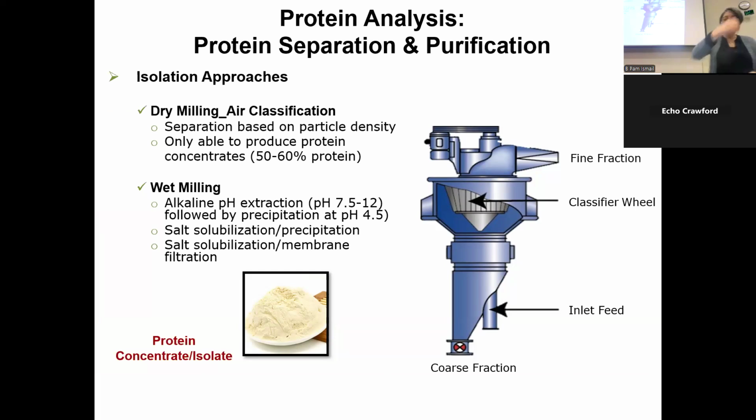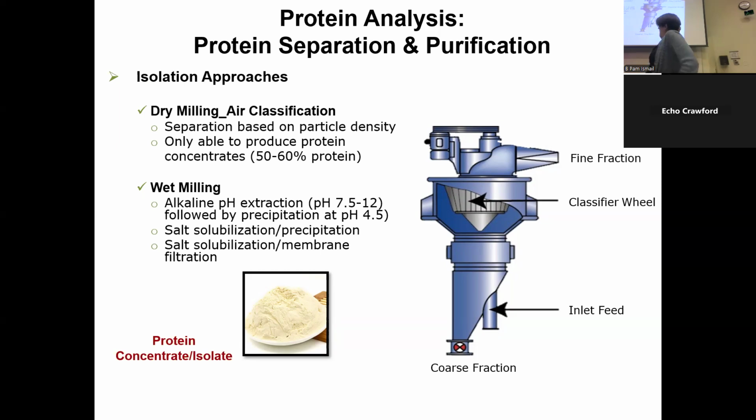So if we look at plant sources, there are two main ways of separation of proteins from a plant matrix. We call it dry milling, and it's very common for pulses. So pulses such as peas or chickpeas or even dry bean.